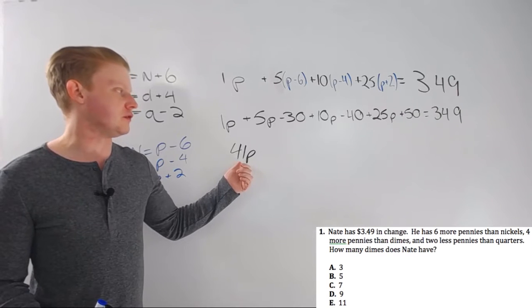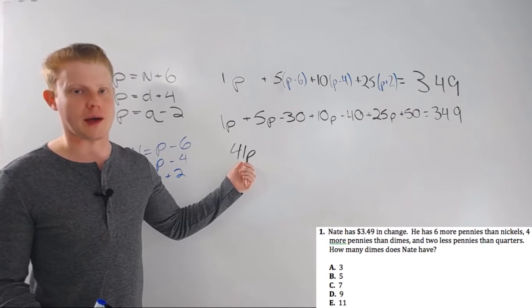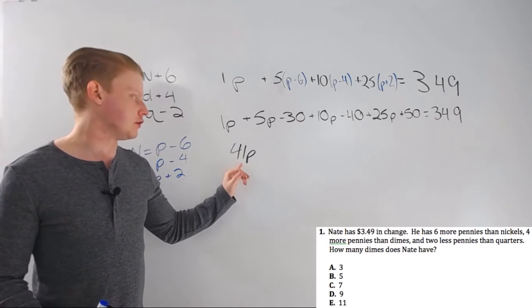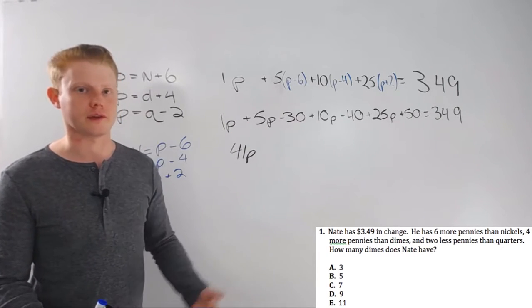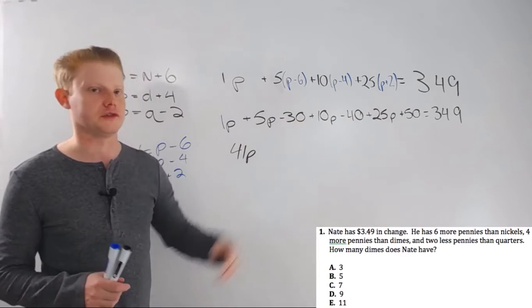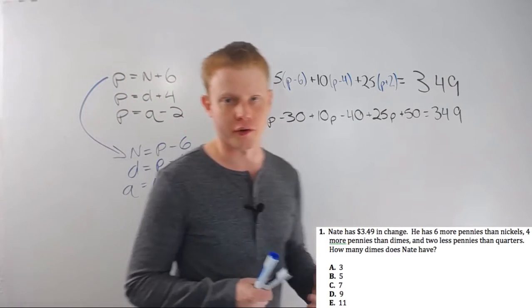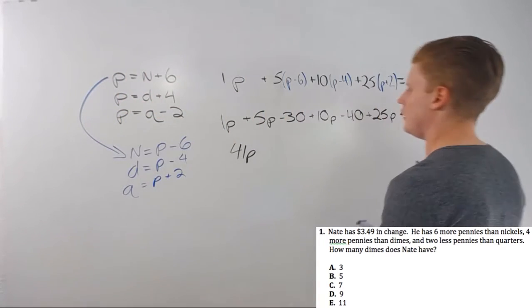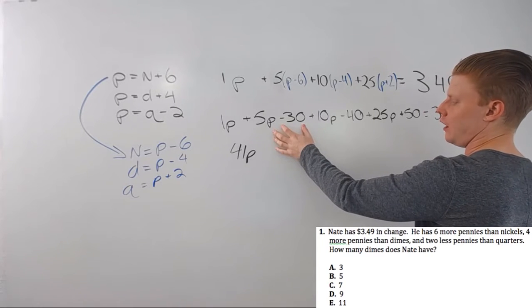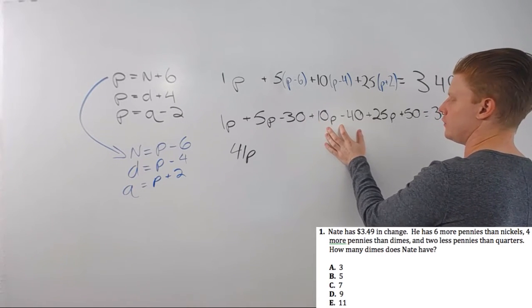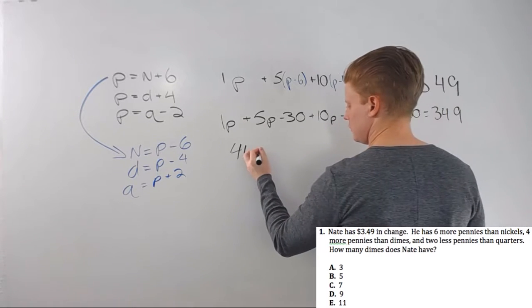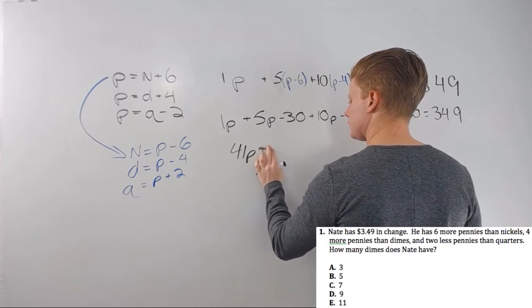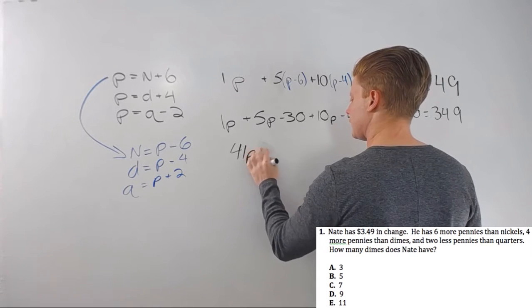If you do, the coefficient in front of the variable, once you combine all your like terms, will always be 41. 1 plus 5 plus 10 plus 25. It always works that way. It doesn't matter which one you're substituting in for. One of those funny little asides. Combine my constants. Negative 30 plus negative 40 is negative 70 plus 50 is negative 20. Oops. Let's make that a minus sign.